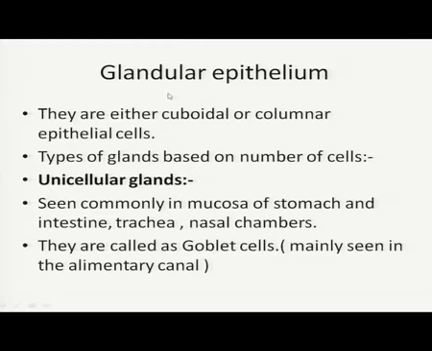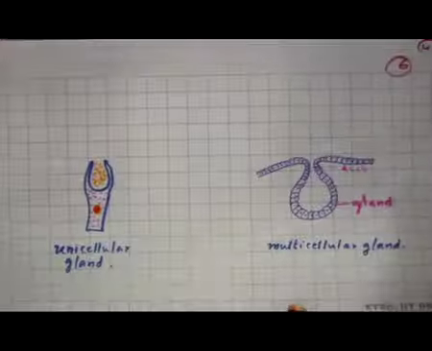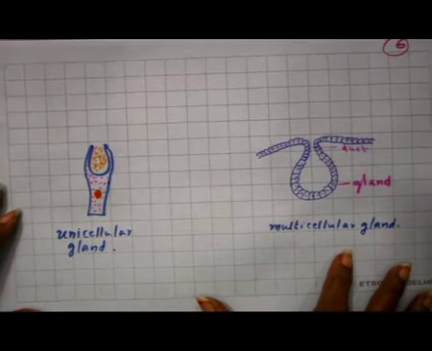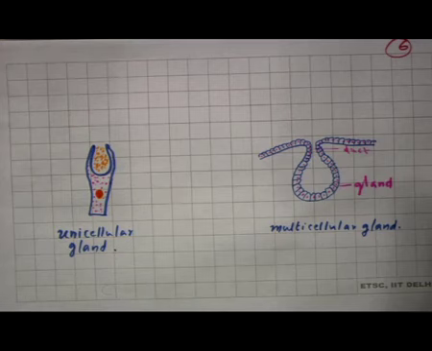Now, depending upon the number of cells present in the gland, we can divide it into two types. One is unicellular glands and the other is multicellular glands. The first category is unicellular glands. The term itself indicates these glands contain only a single cell.